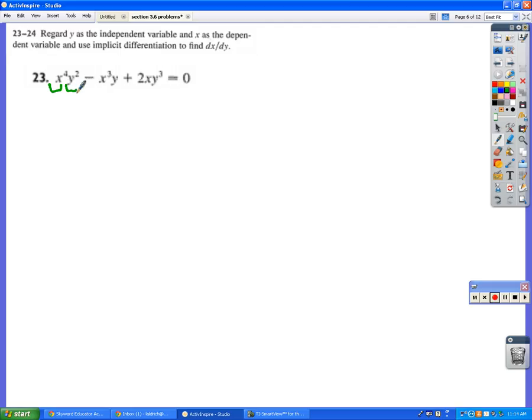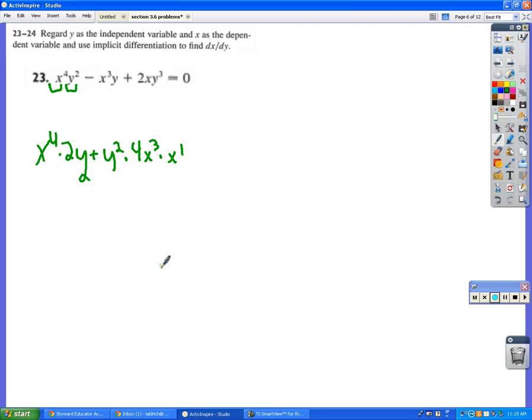So this is going to be the product rule. It's the first one times the derivative of the second one, which I'm just leaving as 2y, plus the second one times the derivative of the first one, which now gets an x prime in there.